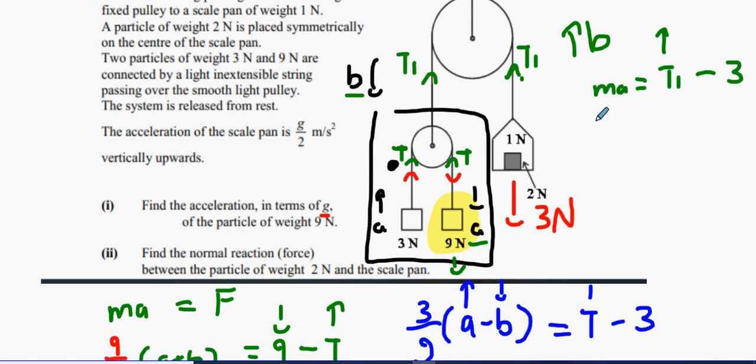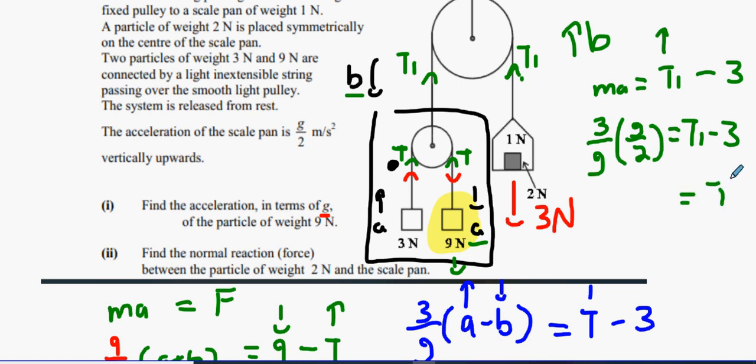It's 3 over G, because we're treating that all as one thing. What's its acceleration you told me a second ago? Alright, then what can we say about T1? We actually have it here, don't we? 3 over 2 plus 3 is, anybody?